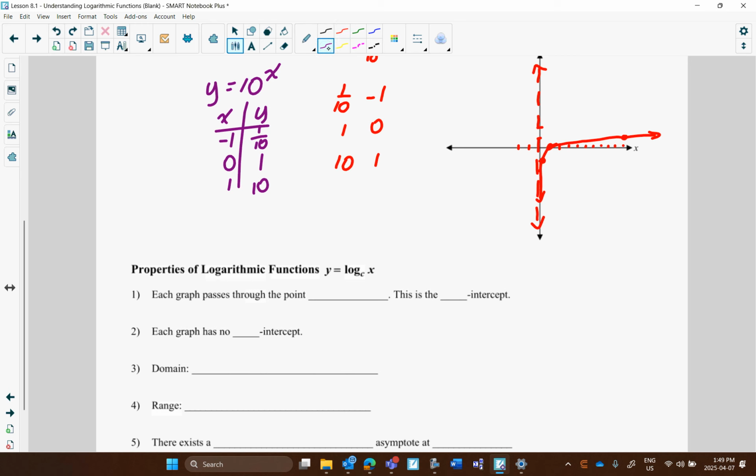Each graph in this form, as long as there are no transformations done to it, will always go through the point 1, 0, just like exponential ones go through 0, 1. In exponential ones, 0, 1 was the y-intercept, and in logarithmic ones, 1, 0 is the x-intercept.